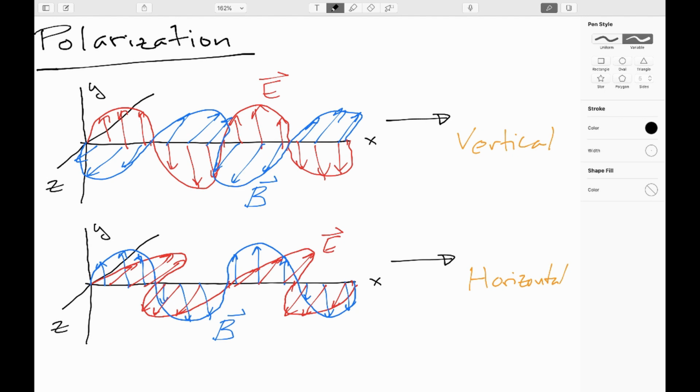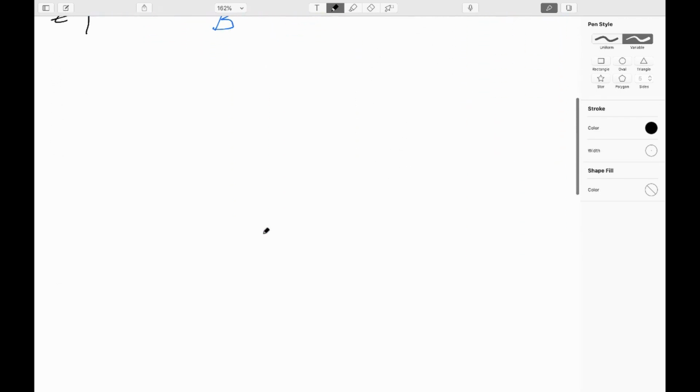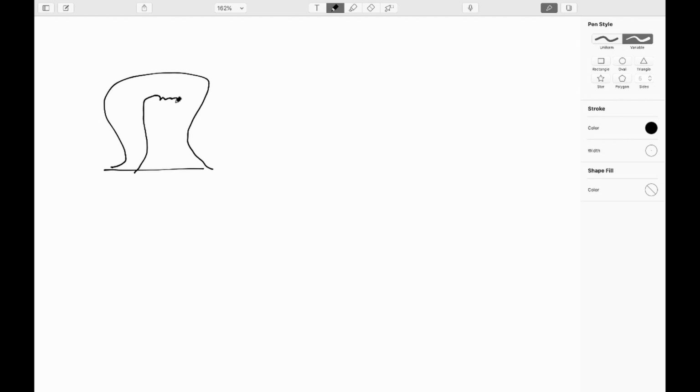Now, it is possible to make light that is polarized, but if you just have a light bulb or something like that, like let's take a look at an old style incandescent light bulb with a filament here. The filament will get hot and it will start emitting light waves heading off in every direction.